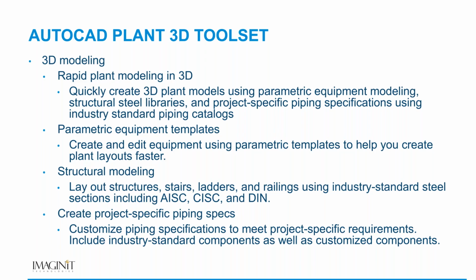So if you do have customized piping, or you are in a situation where you need to move up to Plant to do the piping correctly because the pipes that are in MEP are not sufficient for the job or don't have the correct classifications, then you have a bunch of specific specifications you can create and write from industry standard components as well as customized components.